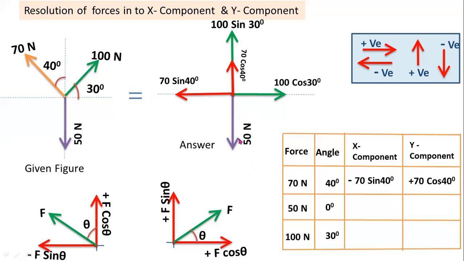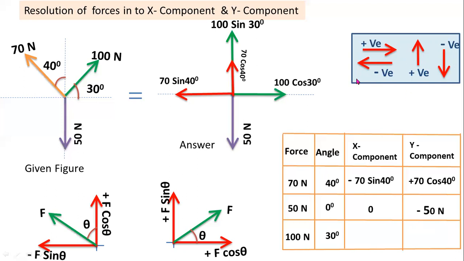Now the second force is 50 newtons. This 50 newtons force lies on the y-axis, that's why you have to consider only the y component. The other component is 0. For downward direction, you have to consider the negative sign.